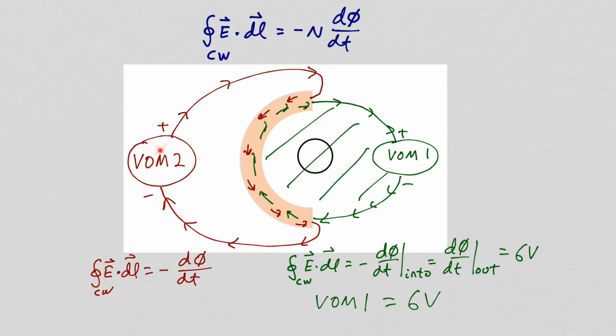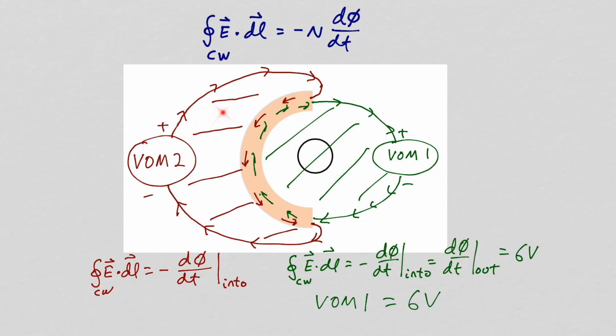So putting your fingers of your right hand in the direction of the integration, your thumb points into the page, and you want to know what is the change in magnetic flux with respect to time in this area defined by our path of integration. There is no magnetic flux through this area, so d phi dt inside our path of integration is 0.